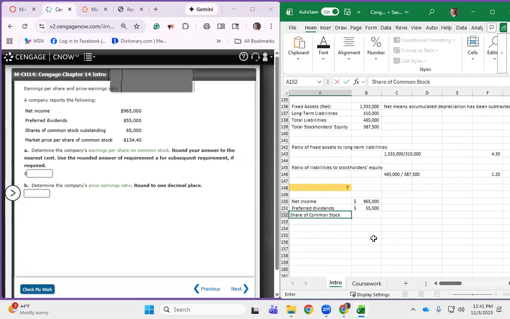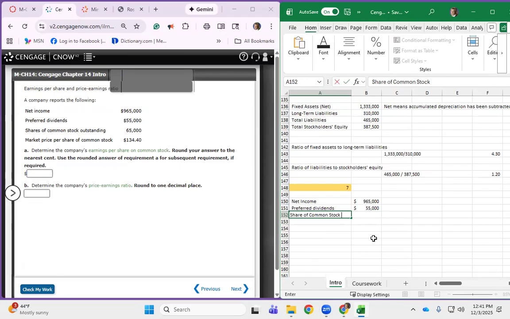So if you learned a little bit about treasury stock in chapter 12, if we own any treasury stock, we don't pay ourselves dividends.